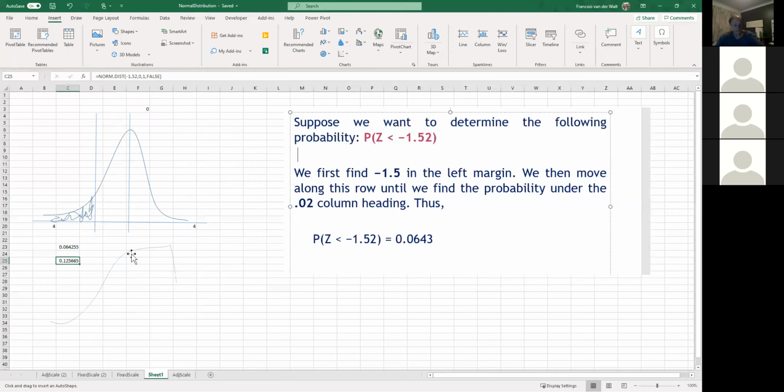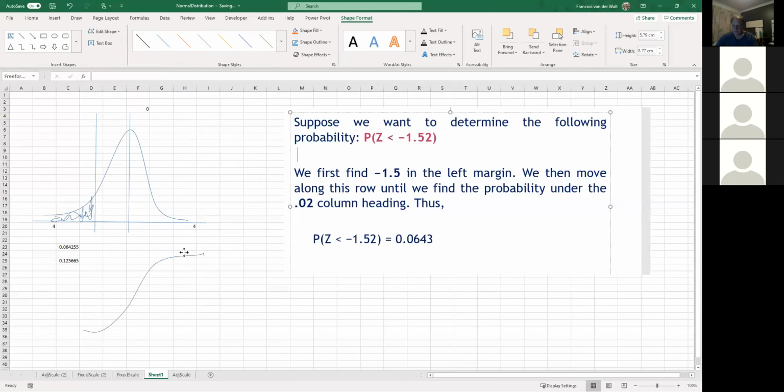In that case, if I want to read off minus 1.52 on the left-hand side, I go up here, and whatever I read off here is the actual value. What is depicted here as an area is depicted there just as a line. Does this confuse you?